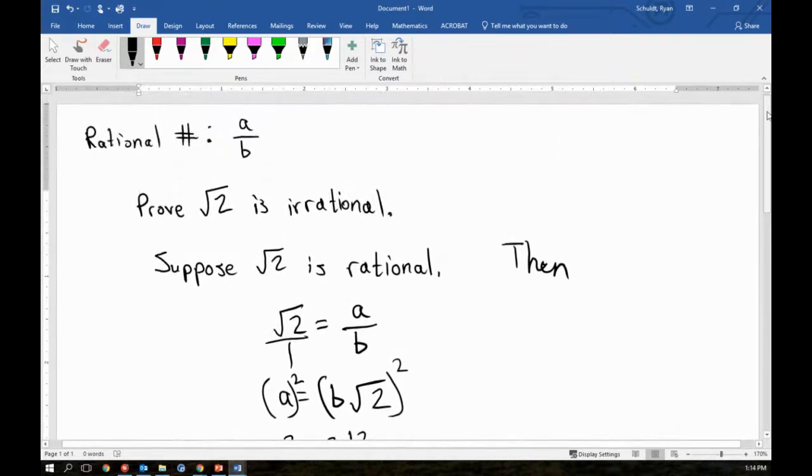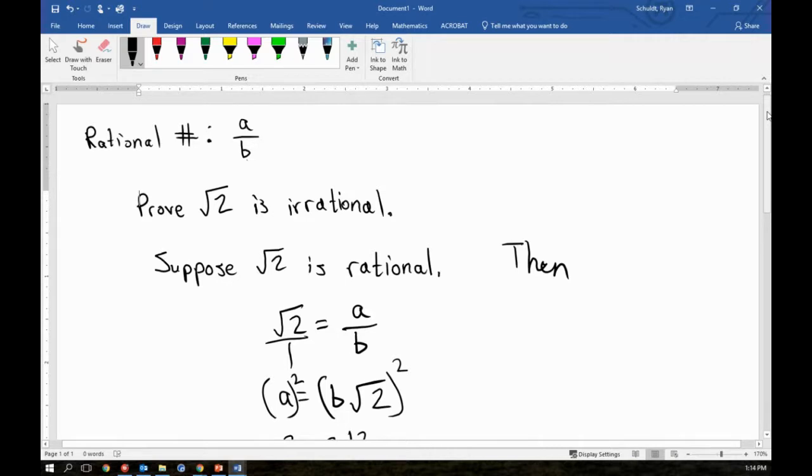A rational number is where you have a and b, a divided by b in most reduced form. I said, okay, I have to prove it's irrational. Well, let's suppose it's rational. I don't care what you say. I'm going to say it's rational.